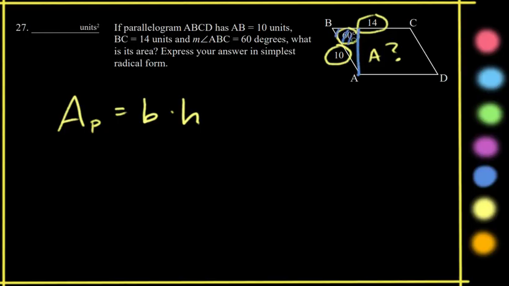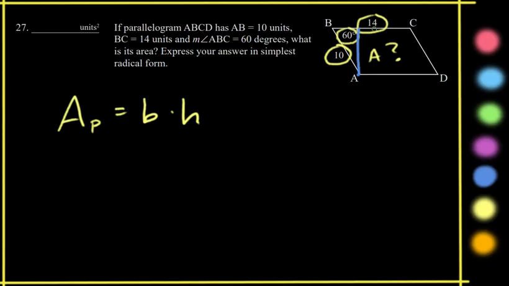You just chop this triangle off. You can paste that triangle over here, and you'll get a rectangle with the same area. If you take this part off and you stick it over there, you'll get a rectangle with the same height and the same base. So obviously the area hasn't changed when you did that moving around. So that means the formula for the area of a parallelogram is the same as the formula for the rectangle.